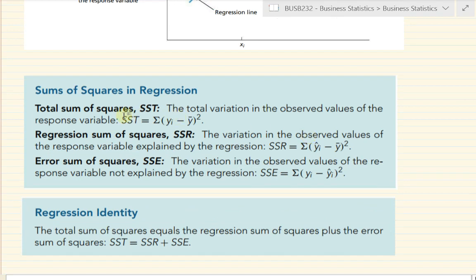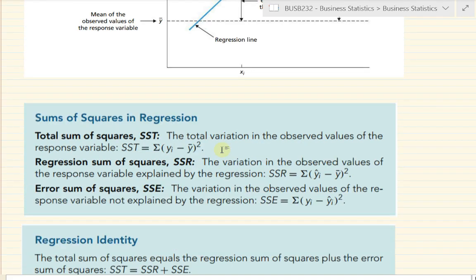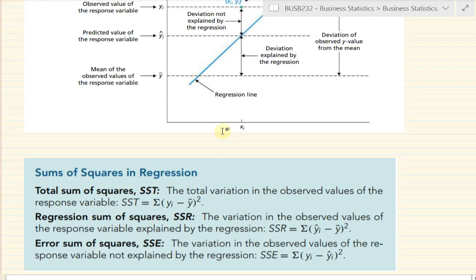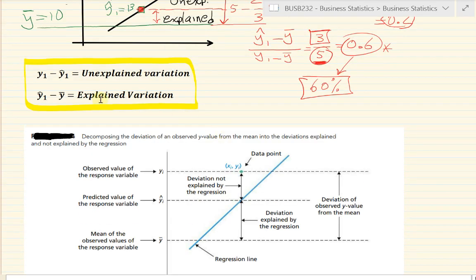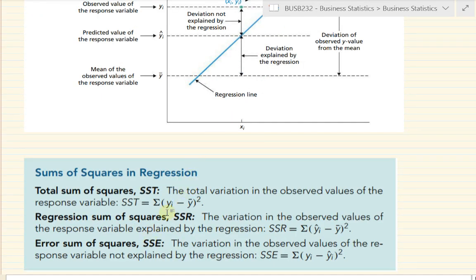Now, in here they talk about total sum of squares. If you look at these again, you square this, add them up for every data point, you get what's down here.